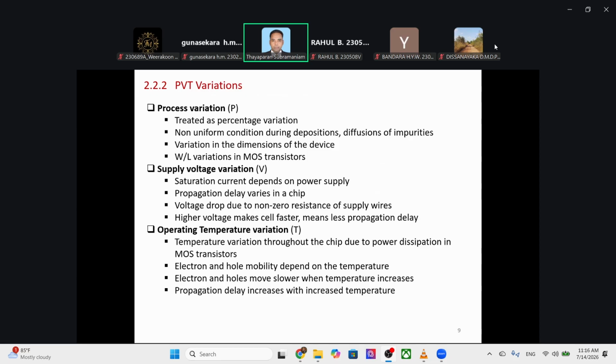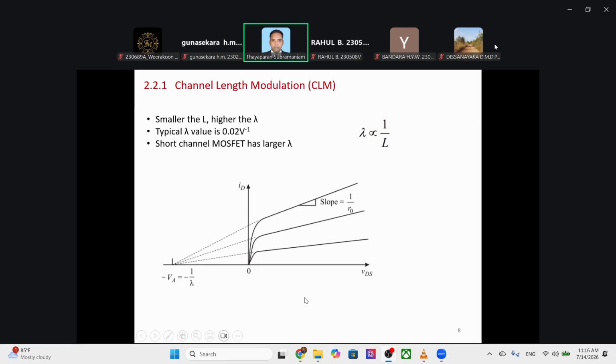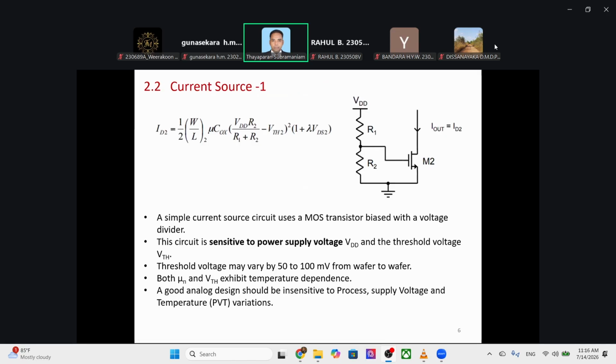So because of those changes in the signal delay, what kind of impact may this current source have? This transistor may go through those PVT variations. And therefore, in other words, the characteristic curve also may shift up and down.